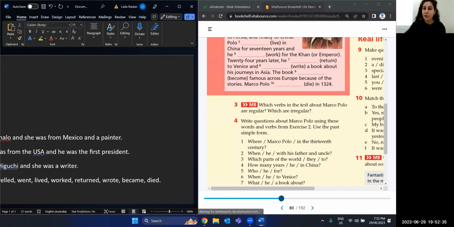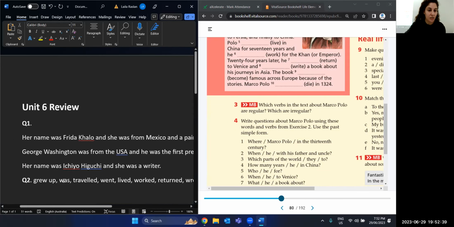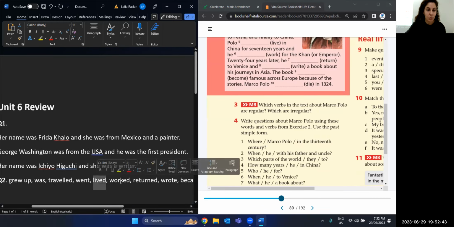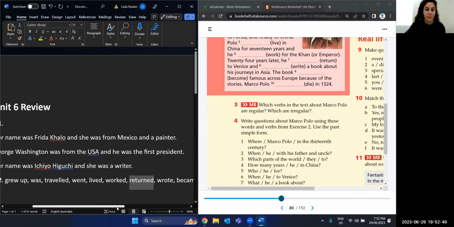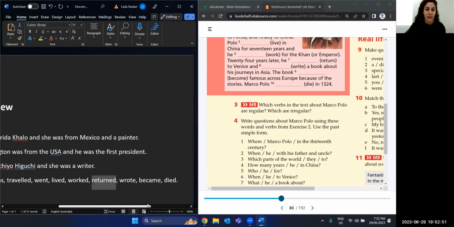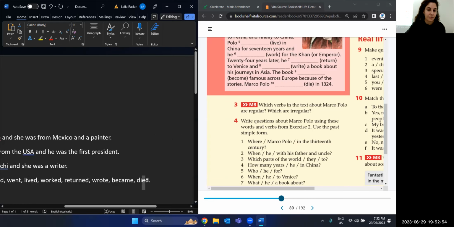So which of the verbs are regular? Let's have a look. We know regular, it's ed. So traveled, lived, worked, returned are regular verbs. You could maybe say died, because the verb is die.